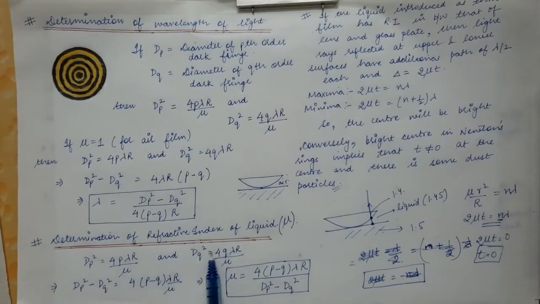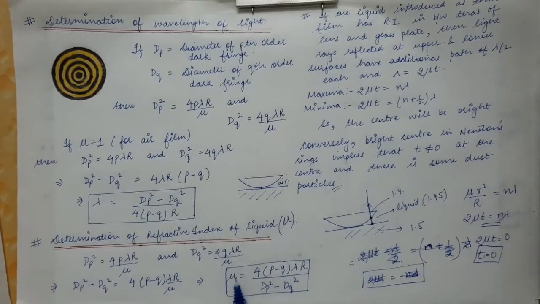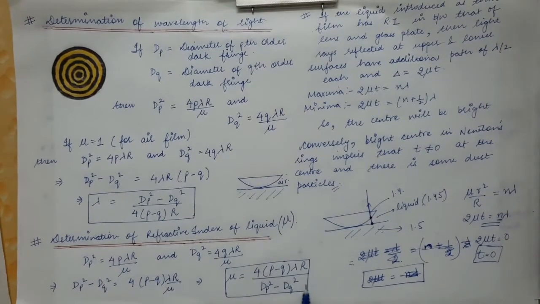So we will subtract these two equations, and from that equation we will simplify it to find the expression of mu. On the right hand side, all the parameters are known to us. Experimentally we can find the diameters of the dark fringes, and p and q will also be known to us. Therefore we can easily find the value of mu using this expression.